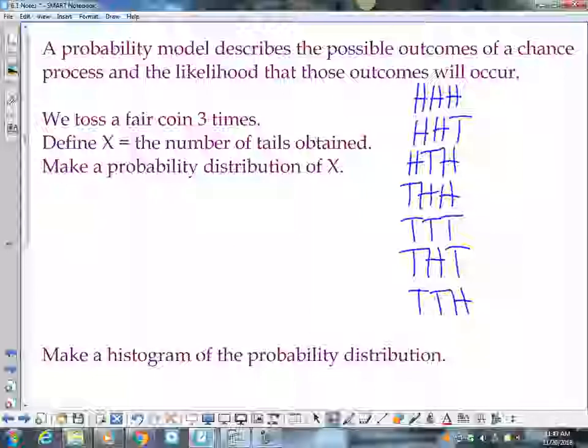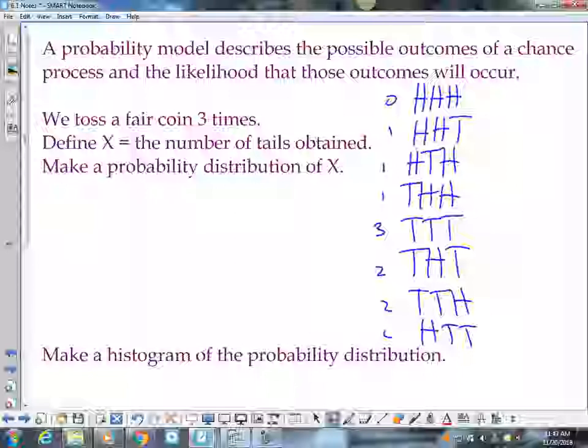And one more. So, right, you did 0, then you did 1, then you did 3, and then we did 2. Okay, that's my, what's that called? That's my sample space. Those are all my possible outcomes.